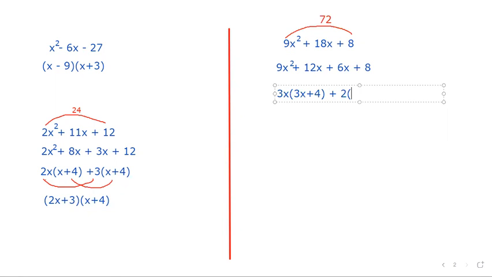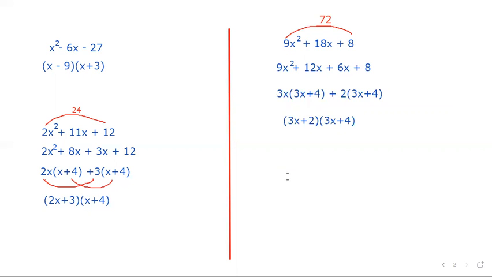They're both even. And then 3x plus 4. Okay. So once again, just like the last time, we're going to multiply 3x plus 2, those numbers outside the parentheses, and then 3x plus 4, those numbers inside the parentheses.